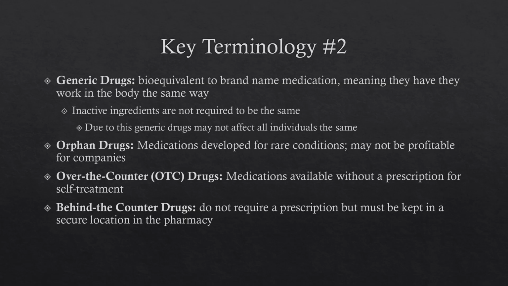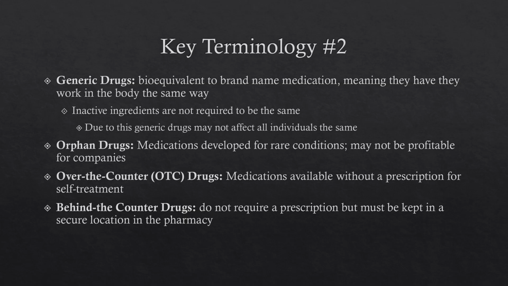Orphan drugs are medications developed for rare conditions. They may not be profitable for companies, so they are developed, but they may not be picked up by a company because it's not going to make them enough money. Over-the-counter or OTC drugs. So these are medications that are available without prescription for self-treatment. So Tylenol, cough medications, ibuprofen.